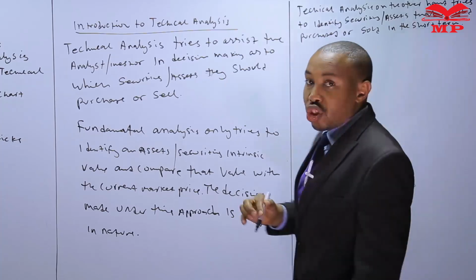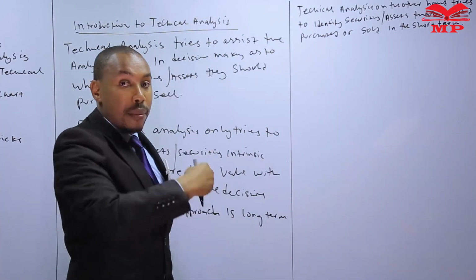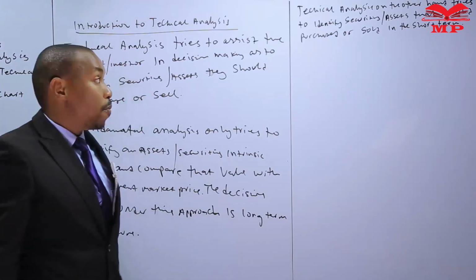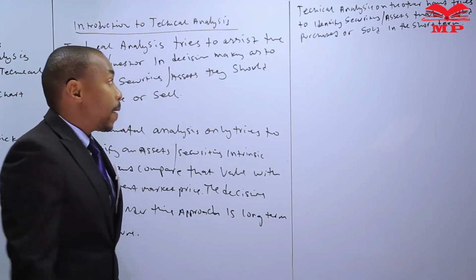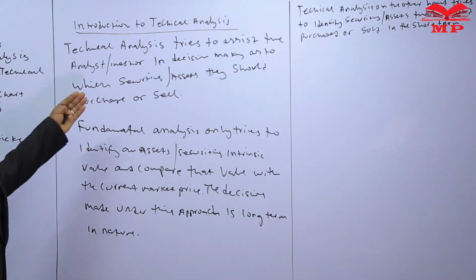Because you're saying that short-term price movements tend to also impact or create longer-term price movements over a period of time there. So that is the brief introduction that I have under the introduction to technical analysis.